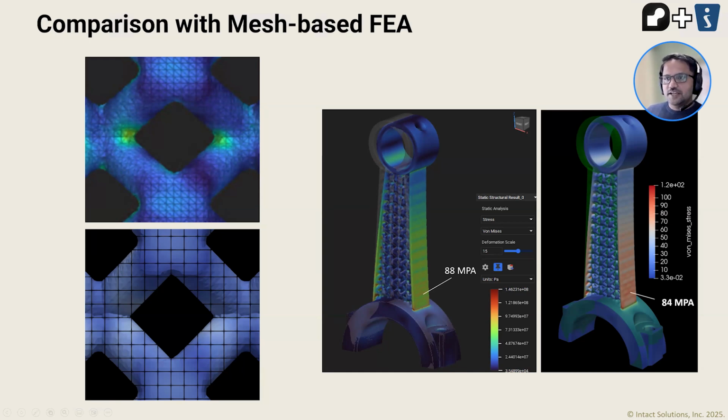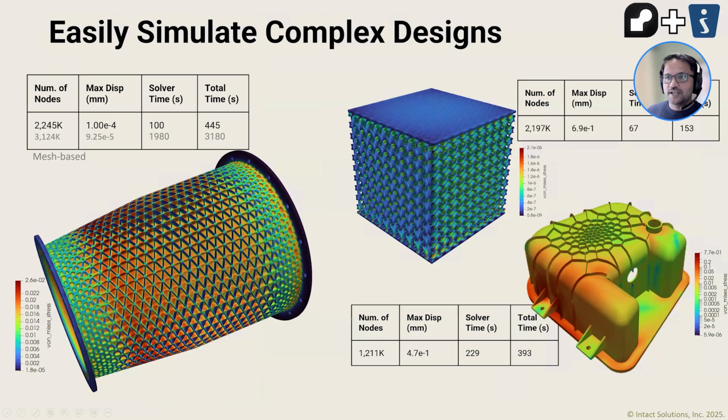All right. Having said all of that, what happens when the complexity really blows up? For this example, this ribbed stiffened structure, we were able to run a simulation with similar accuracy to mesh-based, which took 3,000 seconds, within 500 seconds and got the same maximum displacement convergence results. And this is including all the steps of simulation.